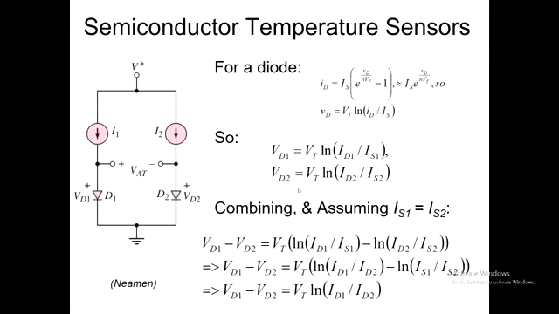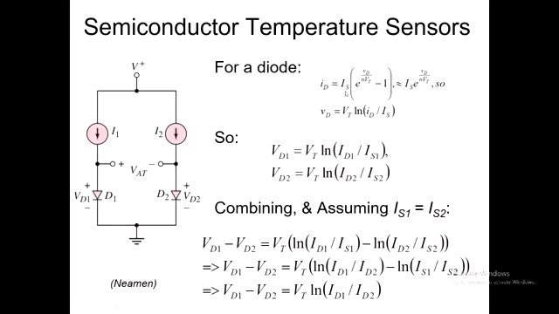If we have two such diodes with equal characteristics, both in terms of their geometric layout and also their impurity profile, their doping profile, so that they have roughly the same IS value.